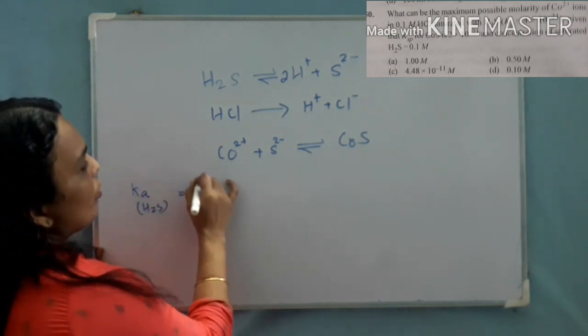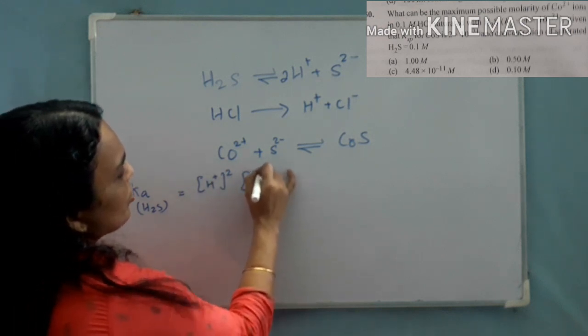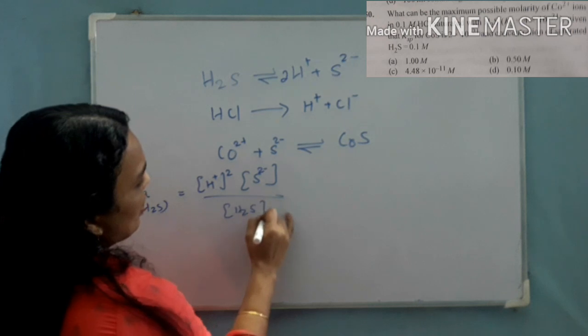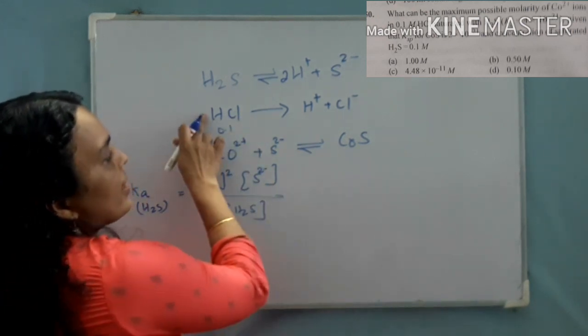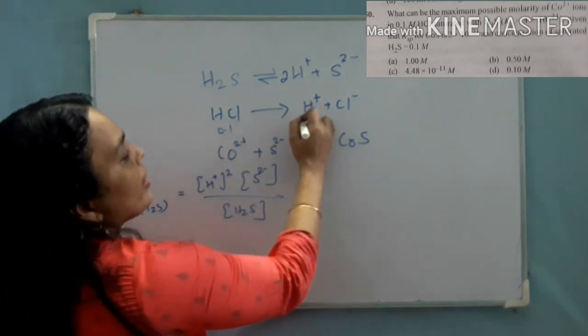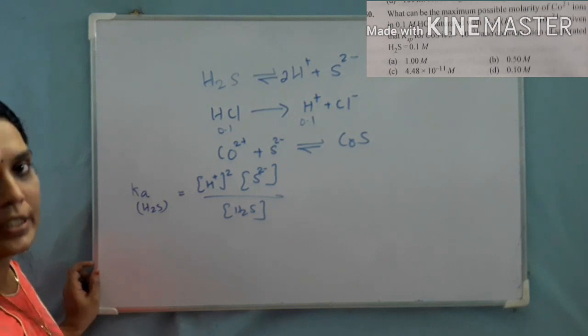And we have Ka of H2S is equal to molar concentration of H plus raised to 2 into molar concentration of S2 minus by molar concentration of H2S. Here the molar concentration of H plus ion is 0.1 molar, because H plus ions are present due to a strong electrolyte like HCl.